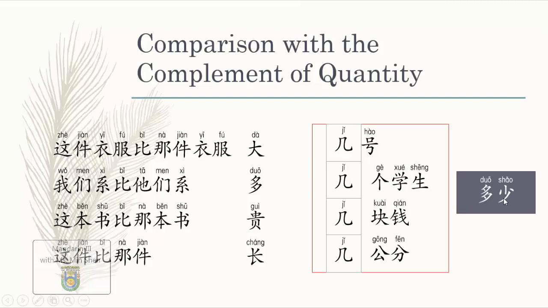And with 多少, it's not necessary to use a measure word. This sentence has a measure word. If you want to use 多少 to make the question, the sentence can be 我们系比他们系多多少学生, and the measure word can be omitted, because with 多少 it's not necessary to use a measure word.